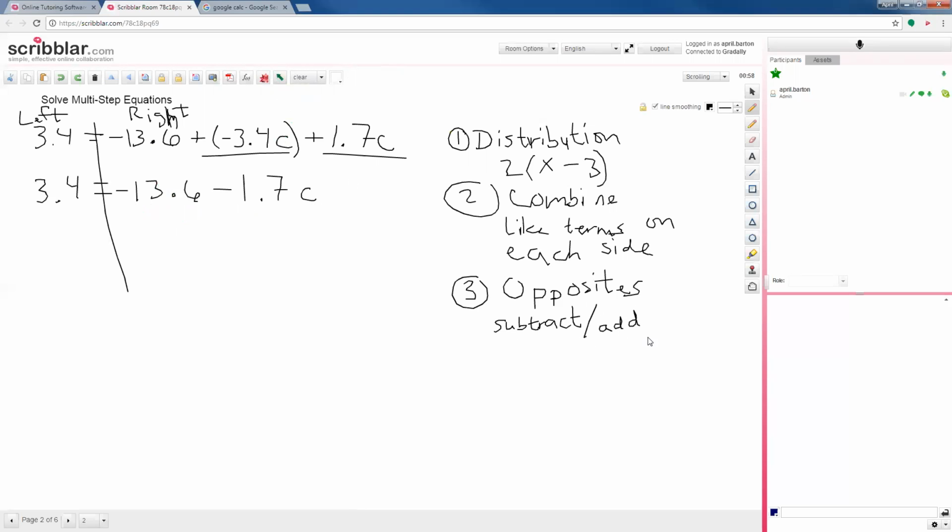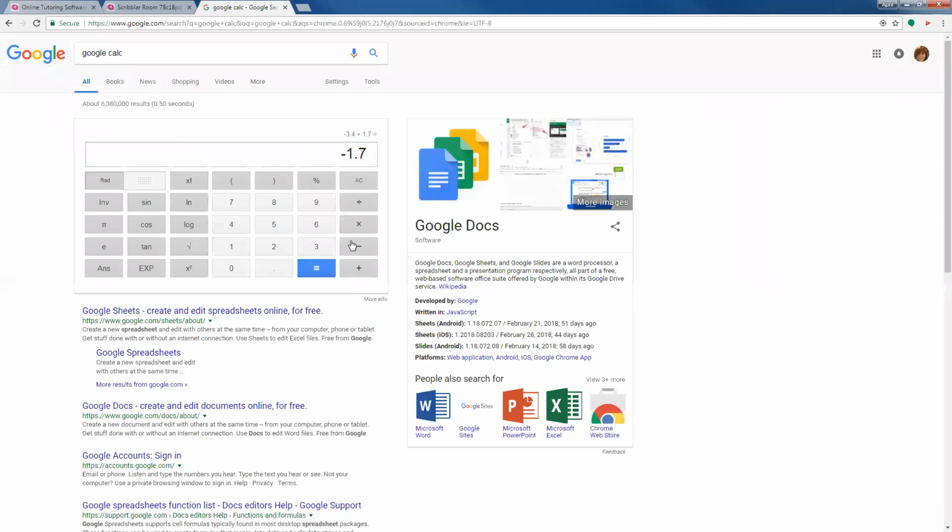It's almost always the opposite we do first. We're going to add 13.6. When we've done the opposite, it gets rid of that negative 13.6. That is the point of doing the opposite, to get rid of it. And we combine together. Calculator again, 3.4 plus 13.6 is 17.